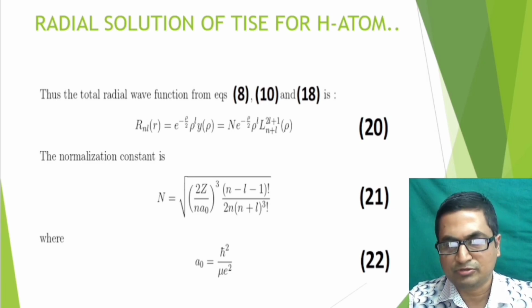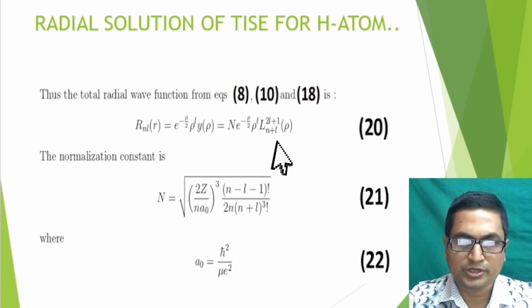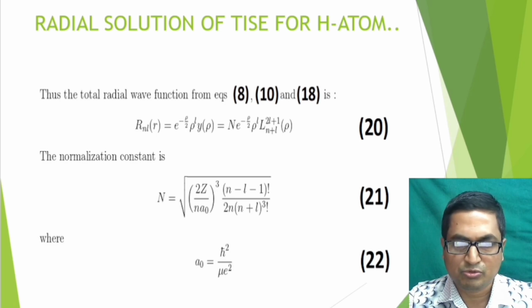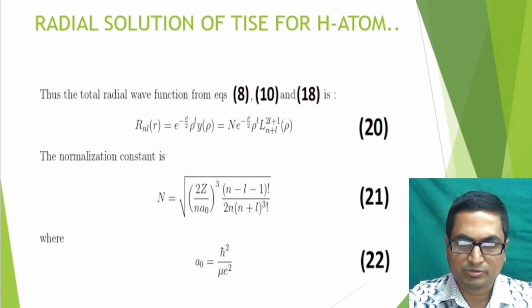So the radial wave function for the hydrogen atom problem, R_nl(r), is equal to e^(-rho/2) rho^l y(rho), and ultimately this y(rho) is simply the associated Laguerre polynomials multiplied by a constant factor. This is the normalization constant already discussed, and this is also known as the Bohr radius, given by 22.